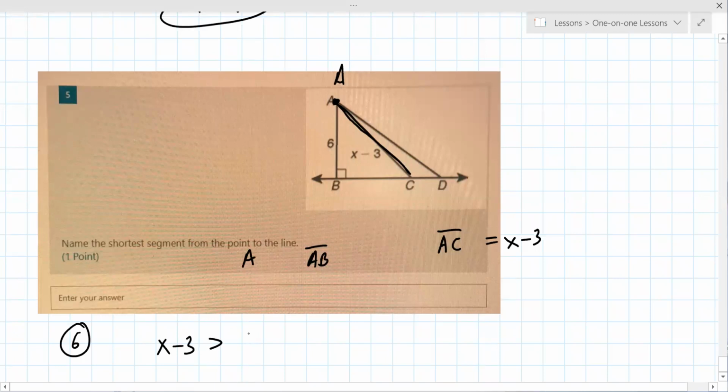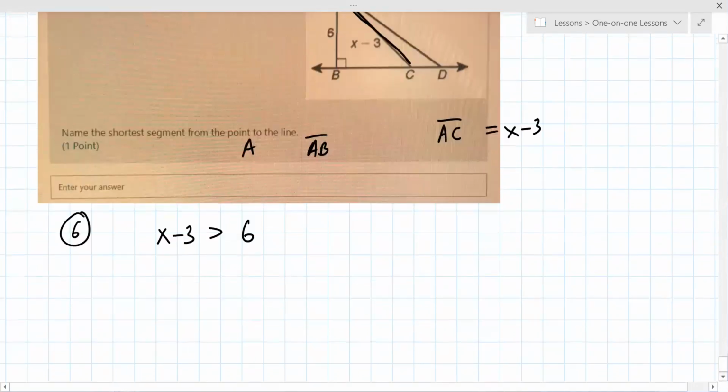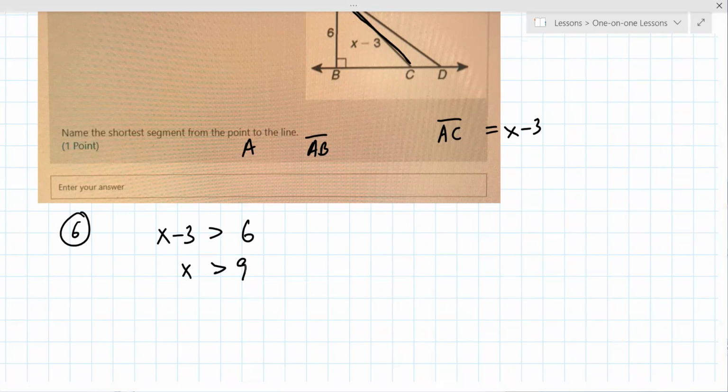Well, the other side is 6, we assume. So we add 3 to both sides and get X must be greater than 9. So odd. Okay. 7.